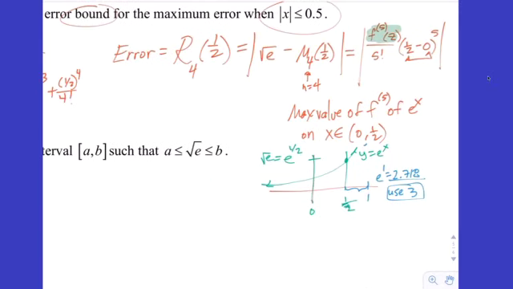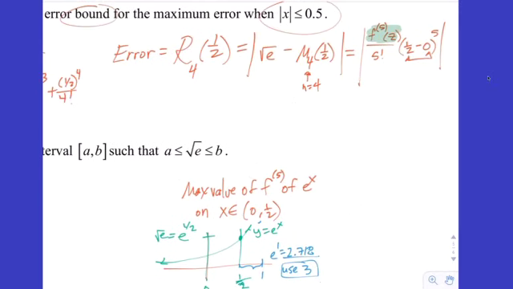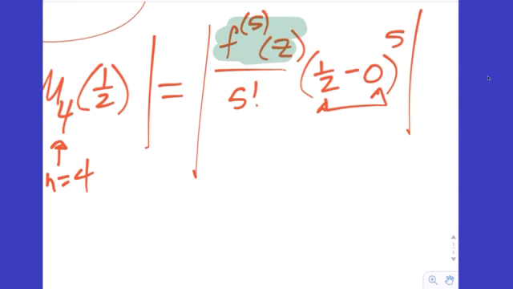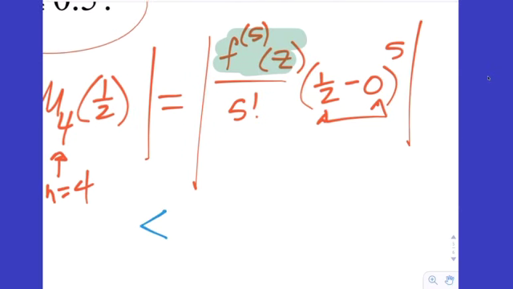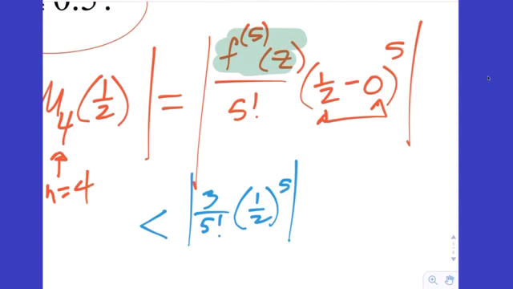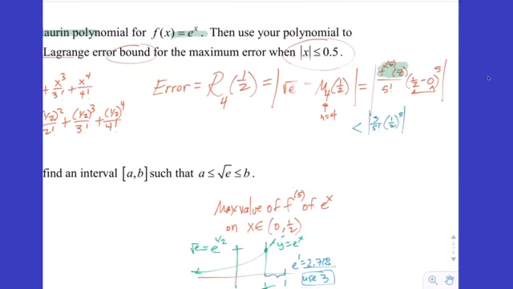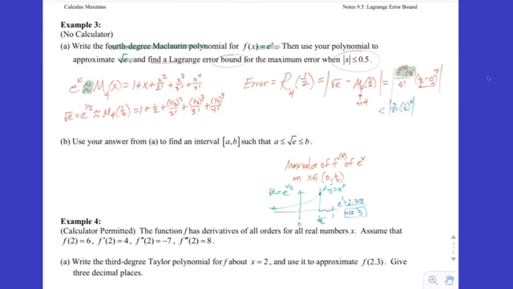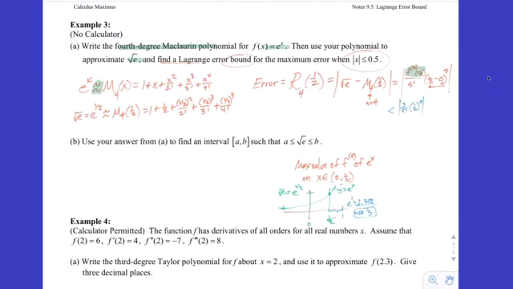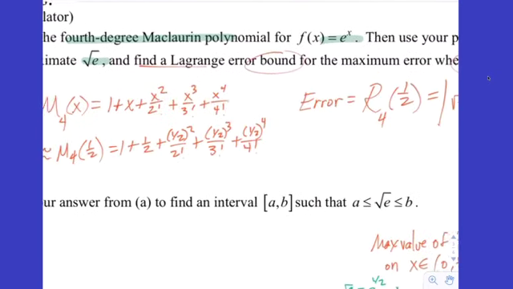So now I can go ahead and write my inequality. Move that down here. So then I know that the remainder or the error is going to be less than 3 over 5 factorial times 1/2 to the 5th. All right. And now it says to find an interval in which it can live. Well, let's see.